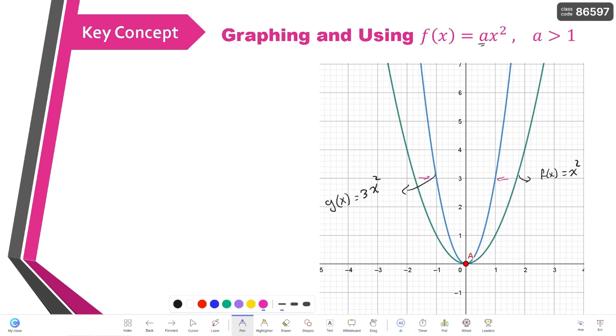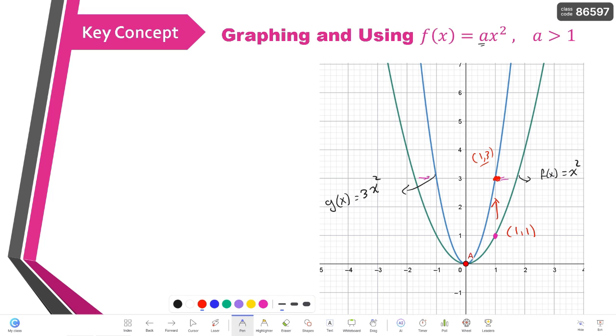We can simply notice that instead of (1, 1) on the green graph, if we select any point randomly, like (1, 1), which belonged to the original graph, this point became (1, 3). We shifted this point up vertically 3 steps, so the new point would be (1, 3), and so on.